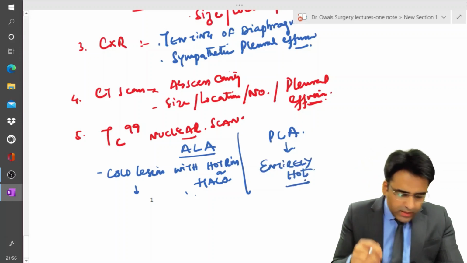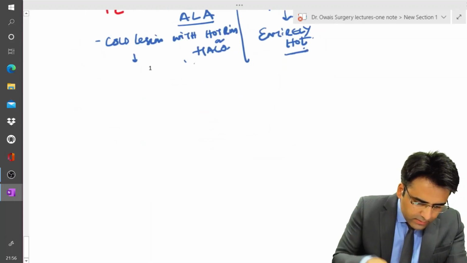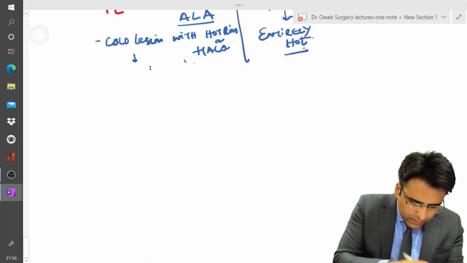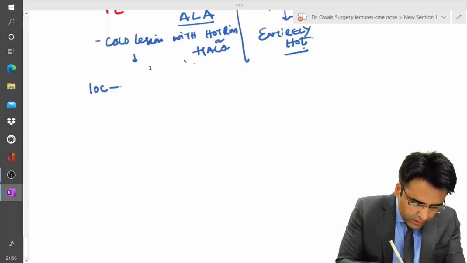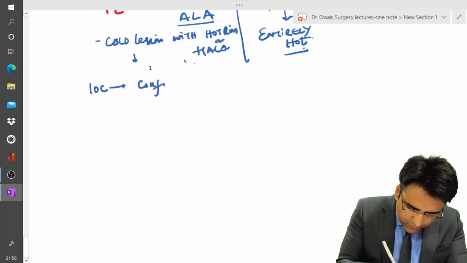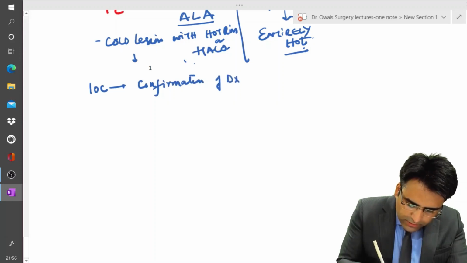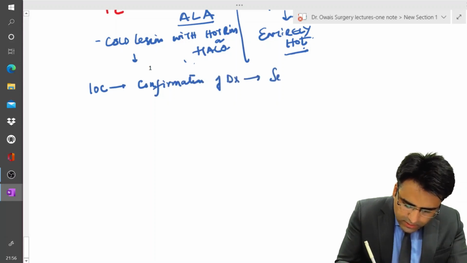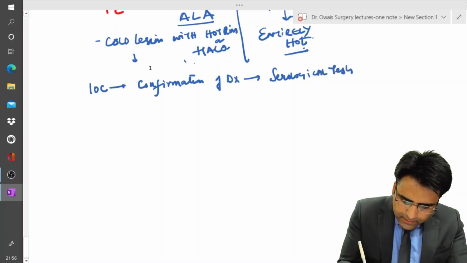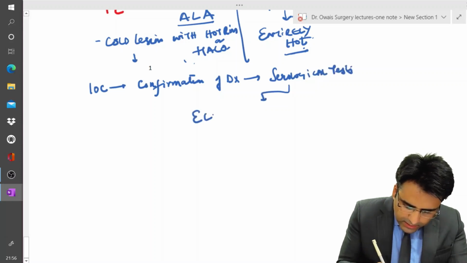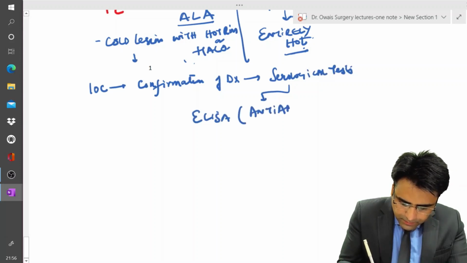Clear? Okay, next, what is the investigation of choice for confirmation of diagnosis? The investigation of choice for confirmation of diagnosis is serological tests, that is ELISA for anti-amoebic antibodies.